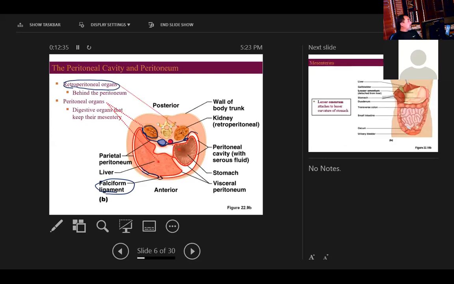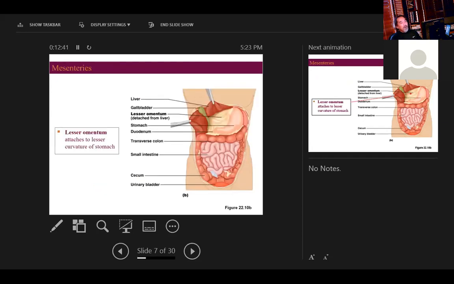Now, the other things that we want to look at are the different mesenteries that connect different portions of your intestinal organs. The one called the lesser omentum is a mesentery that connects the lesser curvature of the stomach. And remember, this is the greater curvature of the stomach.